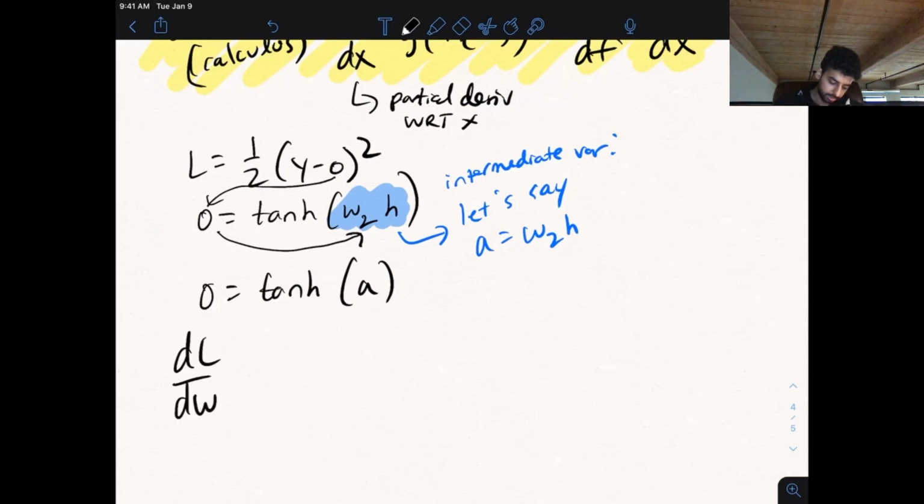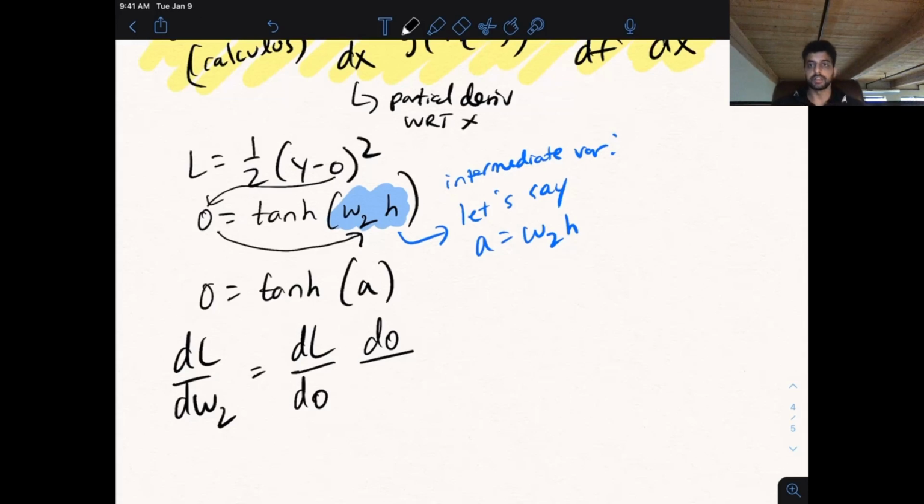dL dW2 equals, the first thing we encounter is this O, right? We know O is a function of W sub 2, so we're going to do dO, but remember that O is actually two functions, right? It's this W sub 2 times h, and then the tanh applied on top of that.